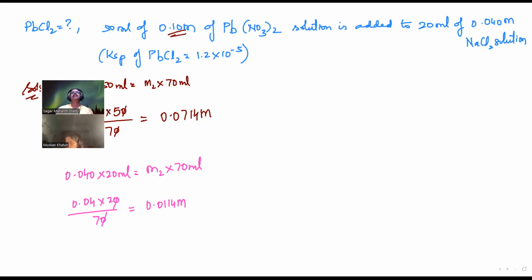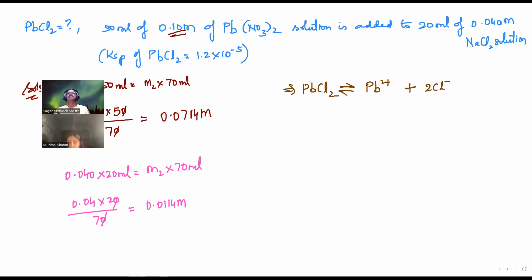Now we have to go back to lead chloride, PbCl2. What will be the product here? Pb2+ and there are two chlorines, so 2Cl minus.